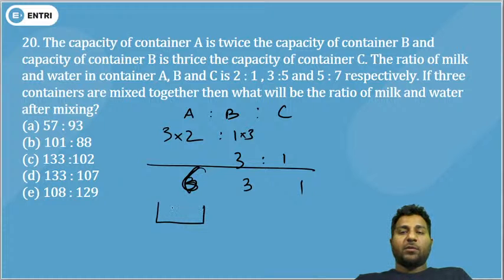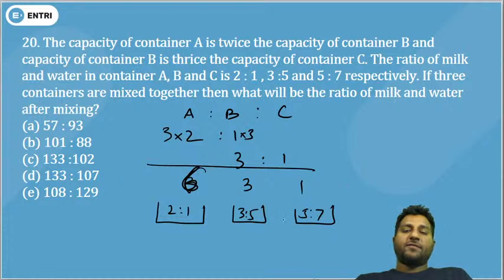And the ratio of milk and water in container A will be 2:1, B will be 3:5, and C will be 5:7. So let's figure out. Look at this, it is 3, it is 8, and it is 12.